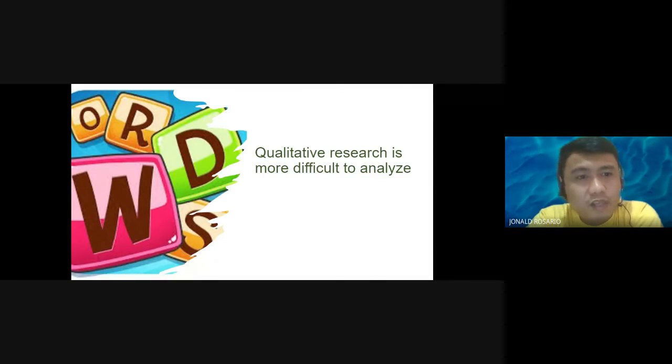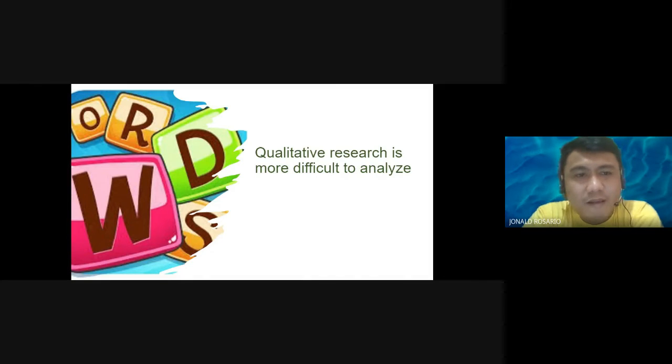Pag meron tayong statistical tools na appropriate na gamitin dun sa isang research question, then we can have the valid result, the correct result of our study. But in qualitative research, it is based on the subjective responses of the participants or respondents. So data are really difficult to analyze.